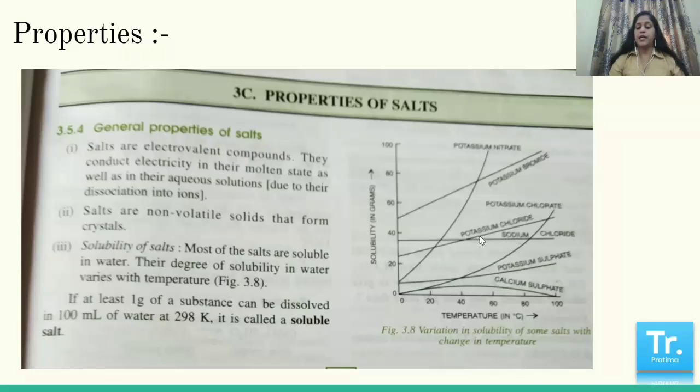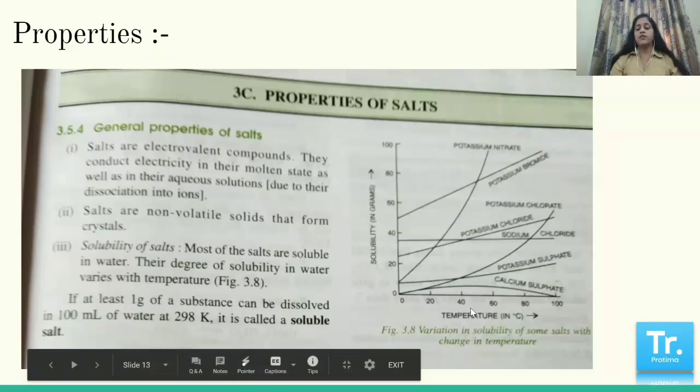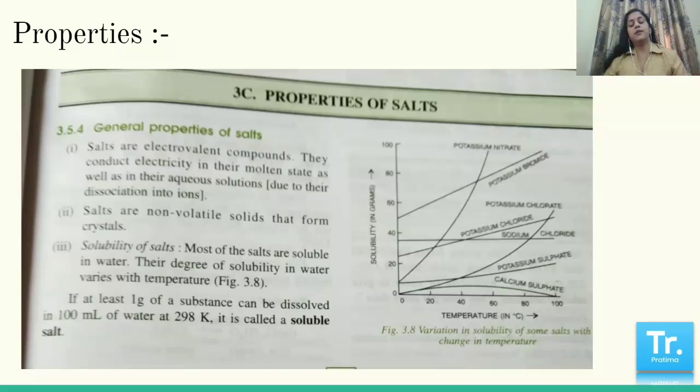If we talk about potassium chloride, its solubility is much more at 0 degrees and will increase a little. Whereas potassium nitrate will increase abruptly with the temperature, and potassium sulfate also will increase a little. So these are some of the salts whose solubility, I guess last year you had to learn by heart because it was one of the important parts to be asked in the question paper. So you have done it also, it's a repetition.